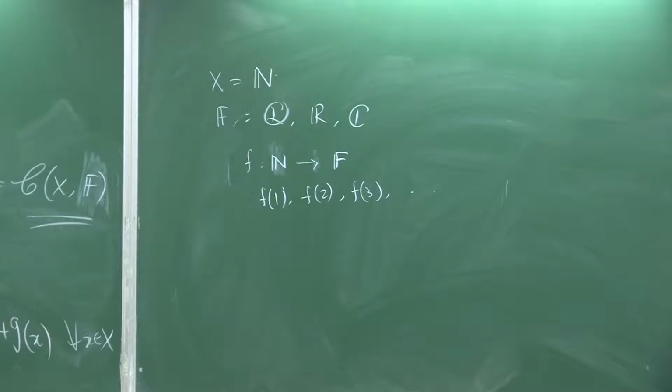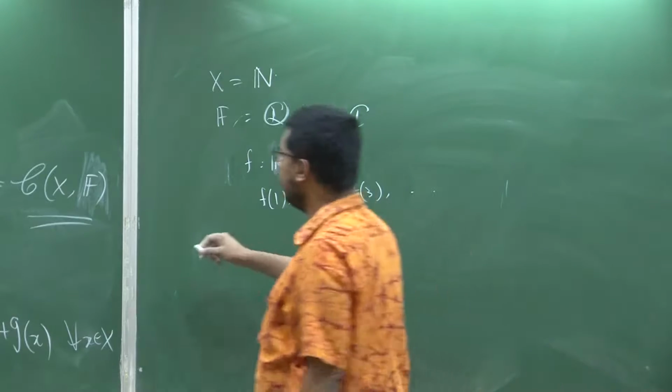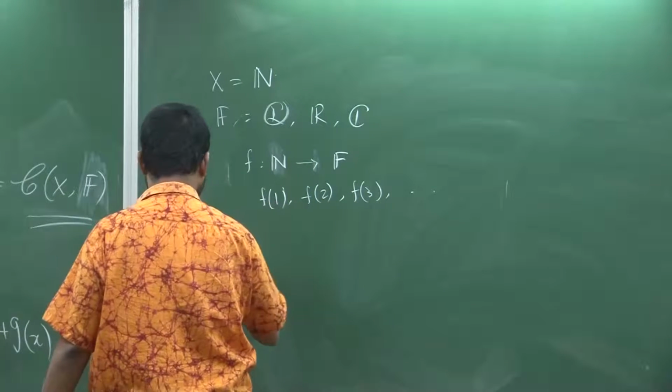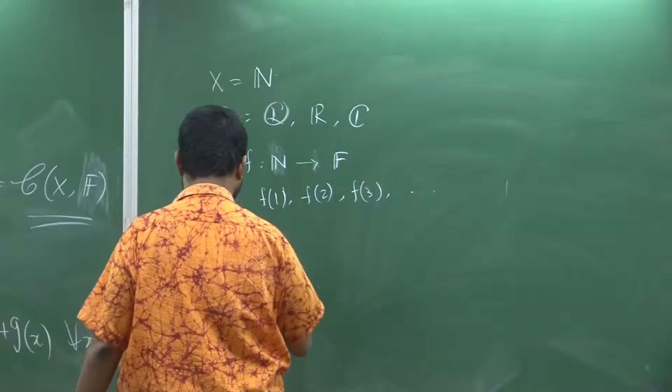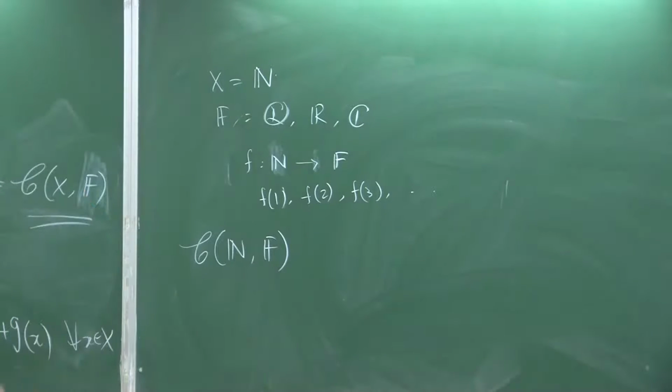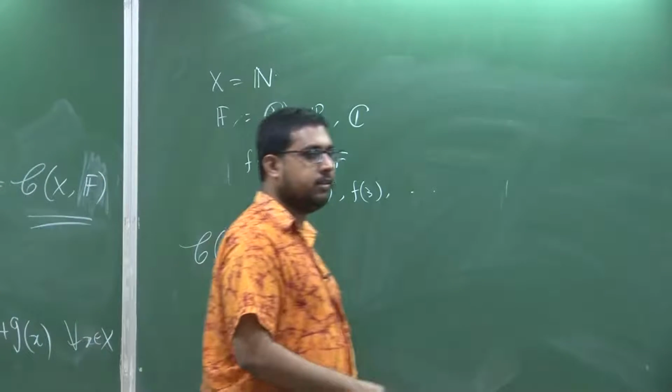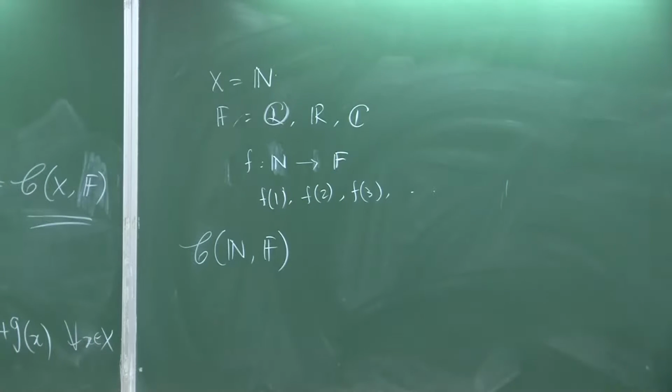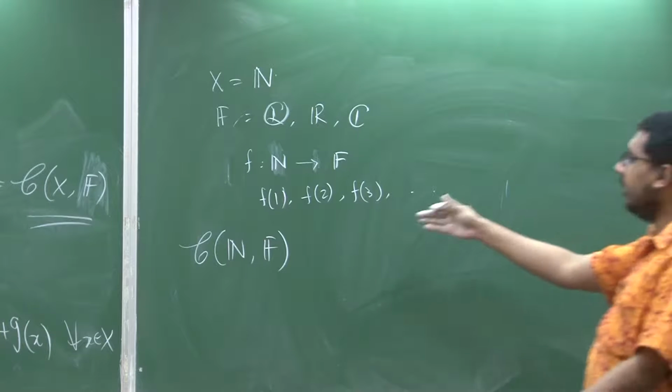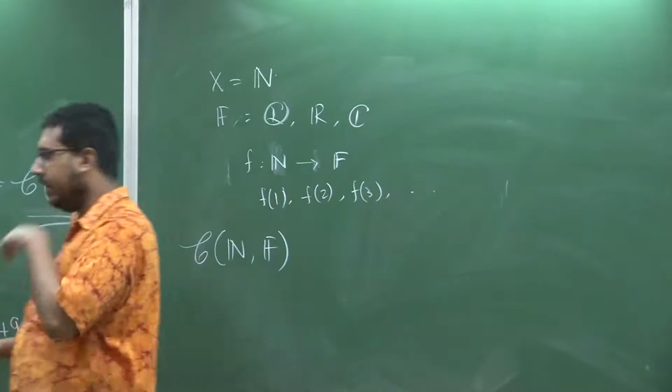So thus this F^N, when X is N, is nothing but your known space of all sequences in F.